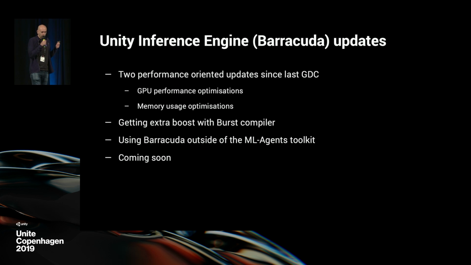Yeah, and we started shipping Unity Inference Engine, which we codenamed Barracuda, at the beginning of the year. And we would like to give some small updates on what happened since then, give some advice on how to best use it, and share what's coming soon.